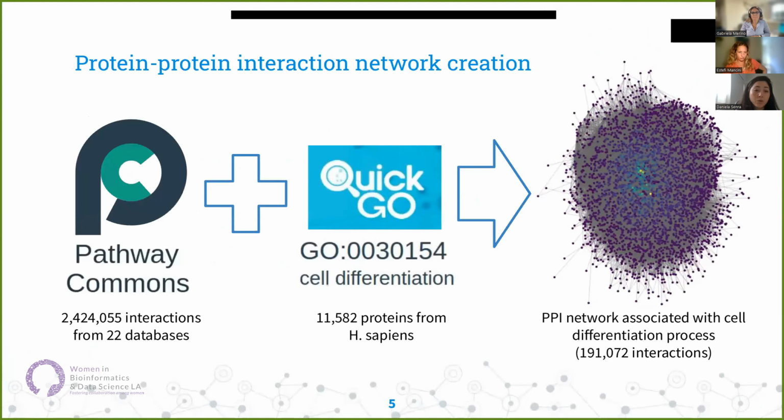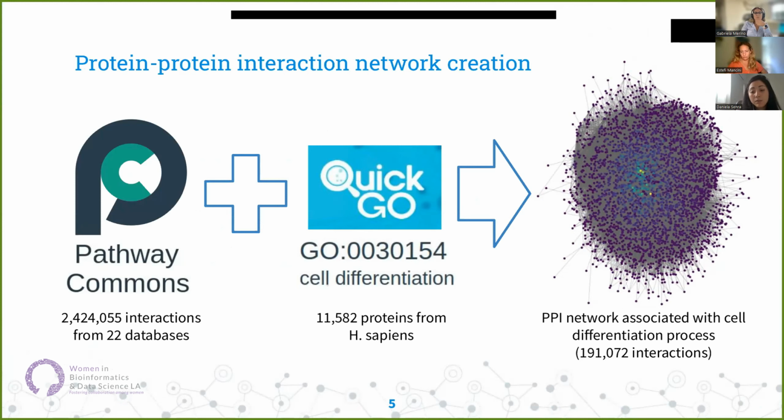So let's go to the method. We used two databases. First, Pathway Commons, where we downloaded around 2 million protein-protein interactions. And then, on the other hand, we downloaded the proteins associated with the cell differentiation process for humans, and we integrated these data sets.